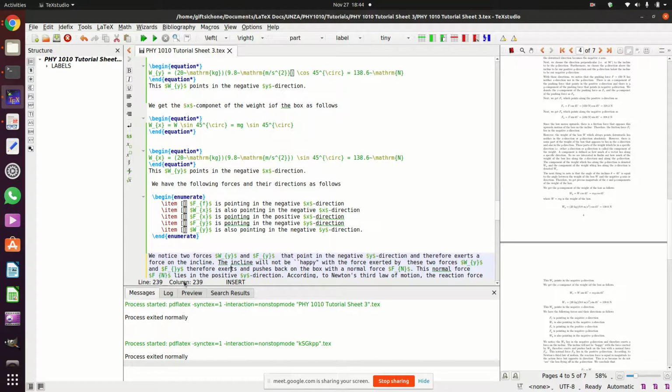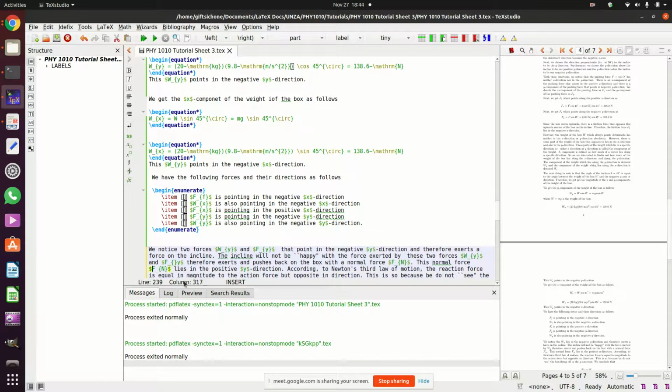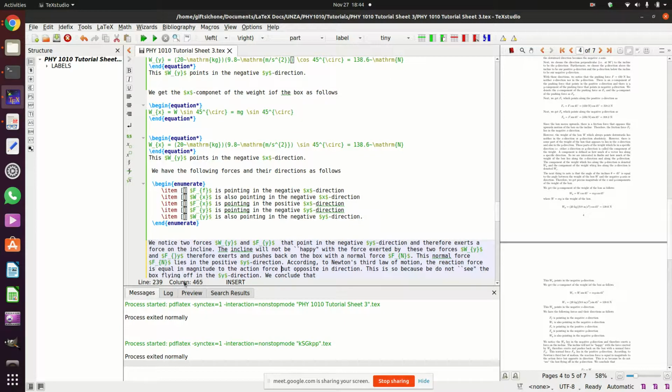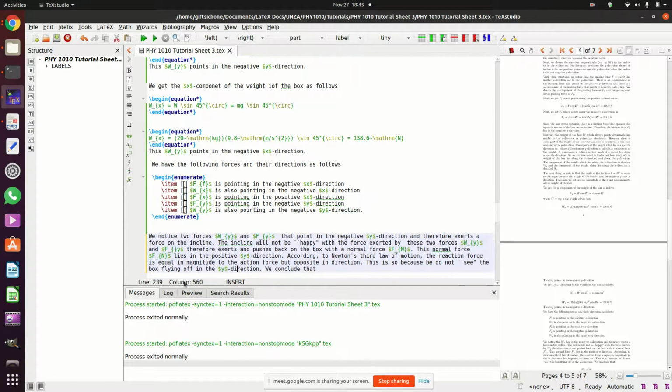Therefore it pushes back on the box with normal force Fn. This normal force lies in the positive y direction. According to Newton's third law of motion, the reaction force must be equal and opposite to the action force, but in the opposite direction. This is so because we do not see the box flying off.